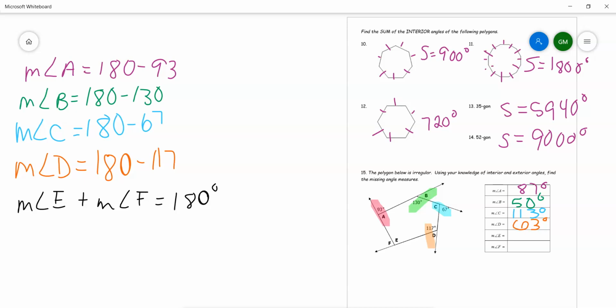So the measure of angle F is equal to 360 minus the sum of the other exterior angles.